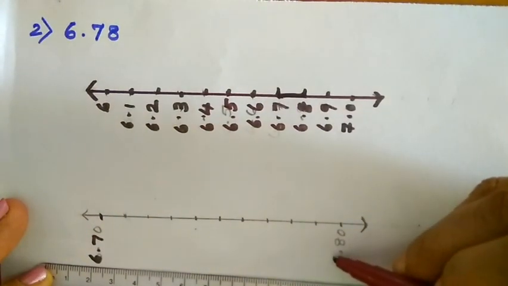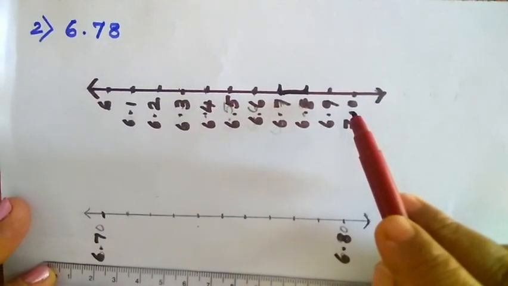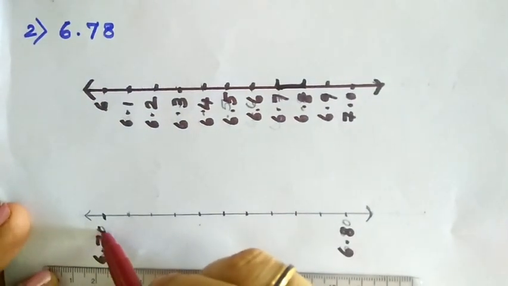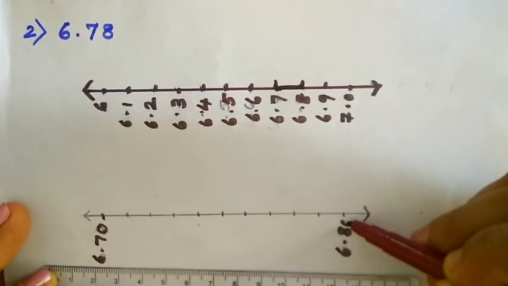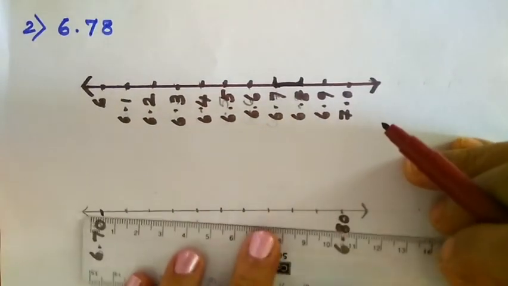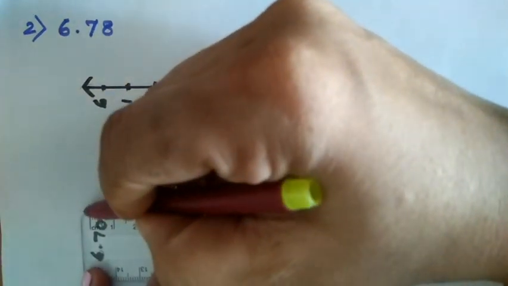Here 6.8, that is the last one. So here one single digit was there on the decimal side. Now we want 2 digits. So I am adding here 0. So 0.70 and 0.80. Again on the number line 1 centimeter equal width. I am drawing again the number line.